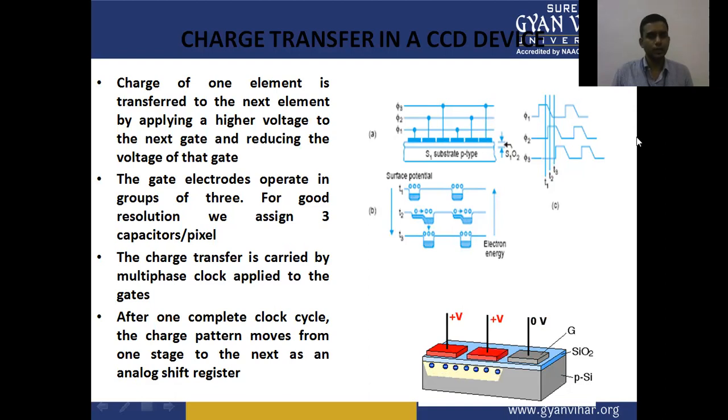The gate electrodes operate in groups of three. For good resolution, we assign three capacitors per pixel. The charge transfer is carried out by the multi-phase clock applied to the gates. After one complete clock cycle, the charge pattern moves from one stage to the next, like an analog shift register.